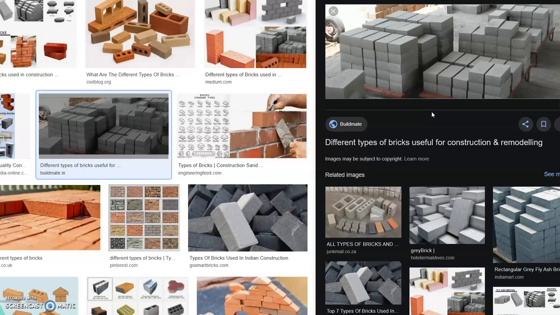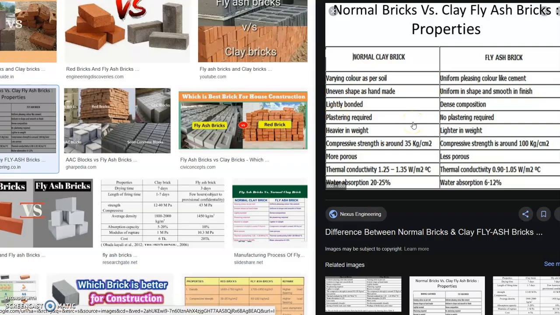Once people started to utilize that waste fly ash, they found the solution that we can make it into a brick.